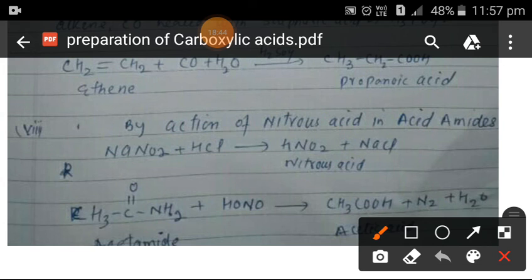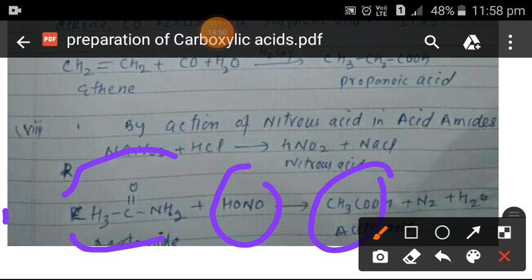This takes place in the reaction mixture, and this nitrous acid is also formed during the reaction. So here we have taken the acid amide. When treated with this nitrous acid, it gives acetic acid, and nitrogen and water are formed.